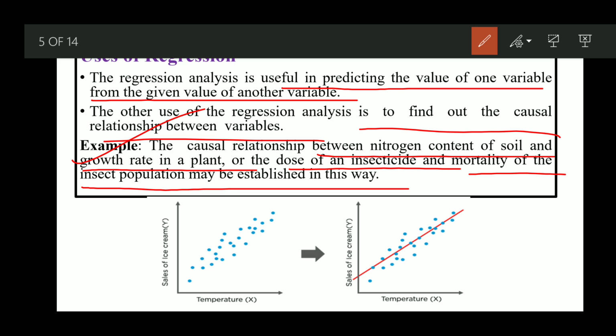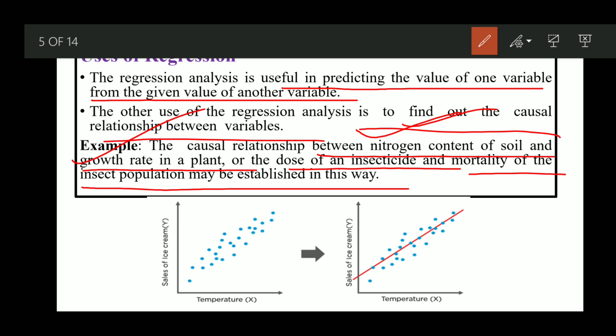These are showing a causal relationship, meaning one variable is causing the other variable. One is your causing variable, another is your effect variable. For example, in the first case, the nitrogen content of soil is your independent variable because growth rate is dependent upon nitrogen content.